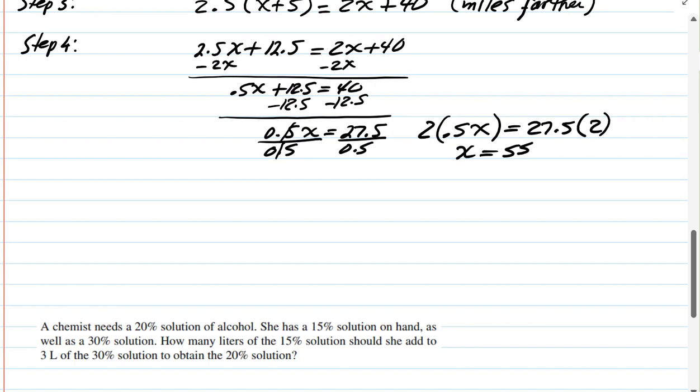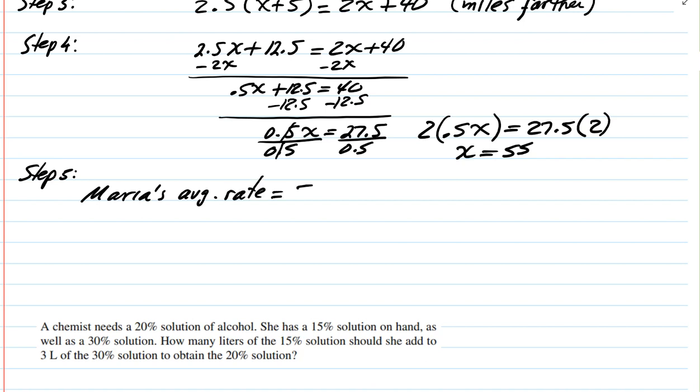Now in step 5, we're going to give the answer. So Maria's average rate or speed is 55 miles per hour. Okay, what about Eduardo?